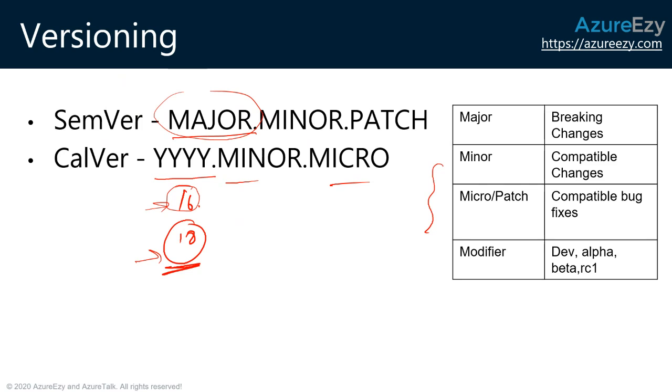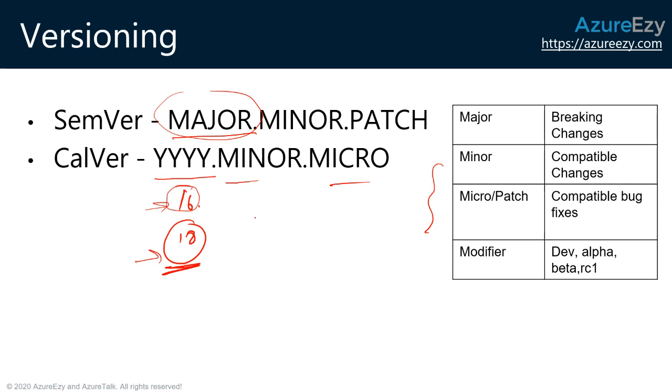There are various other versioning systems, but these are the few which are popular among major package management systems. People use these kinds of versioning systems so that whenever they are updating certain things in their package, they change the version number accordingly, so that the consumer will be aware of it if I am upgrading.